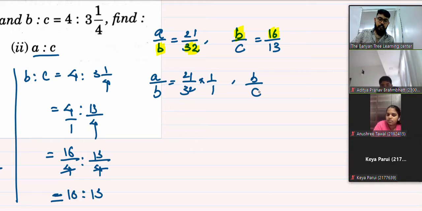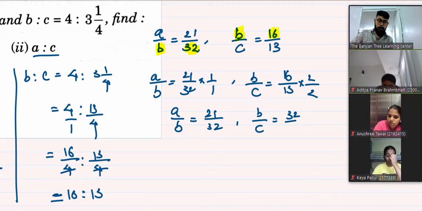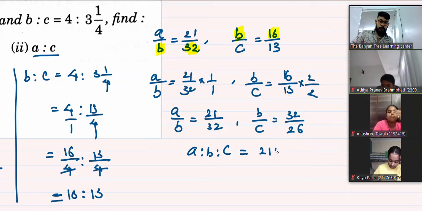But you multiply the second ratio by 2 because I want to make 16 into 32, that's their LCM. So a by b becomes 21 by 32 and b by c becomes 32 by 26, and a is to b is to c is 21 is to 32 is to 26. That's it, you got the answer.